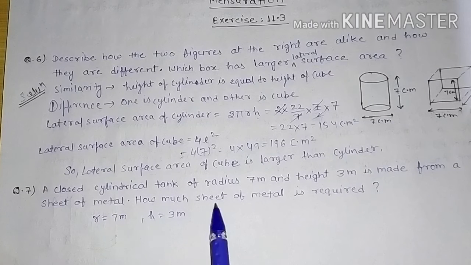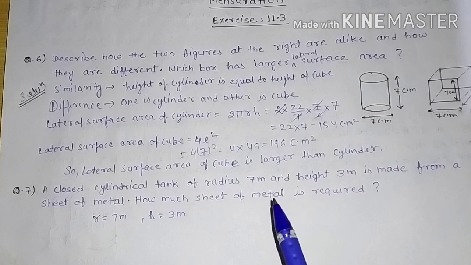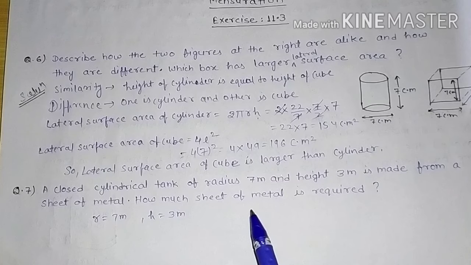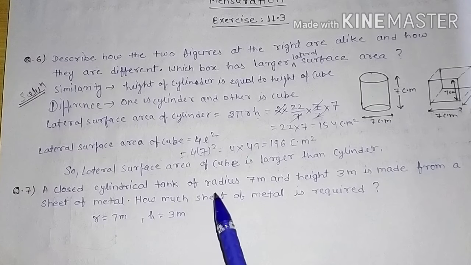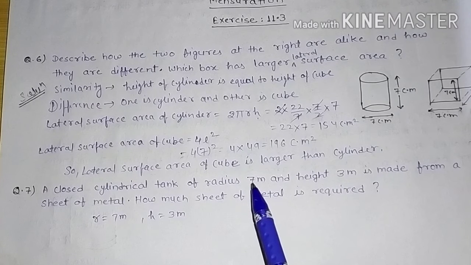How much sheet of metal is required? So there is a cylindrical tank which is made up of metal sheet. So we have to find how much metal is required to make the cylindrical tank. So simply what we have to do, we have to find the total surface area of the cylindrical tank.